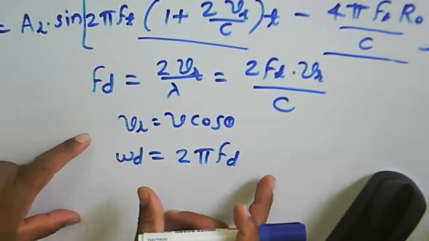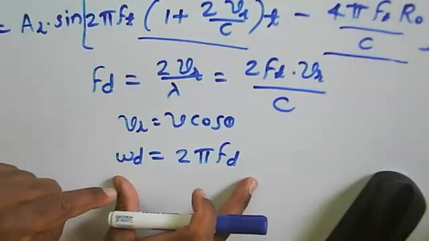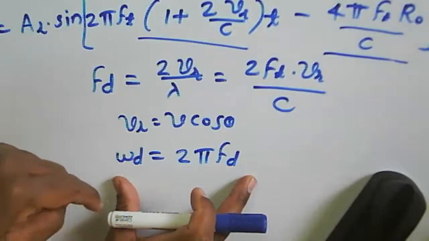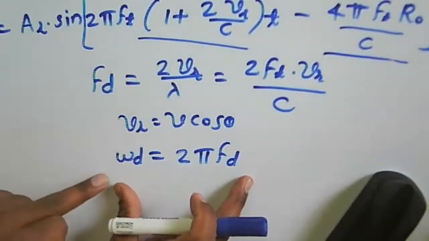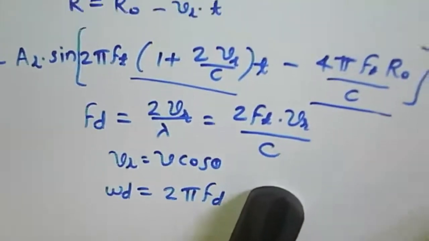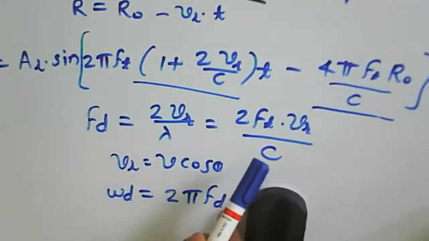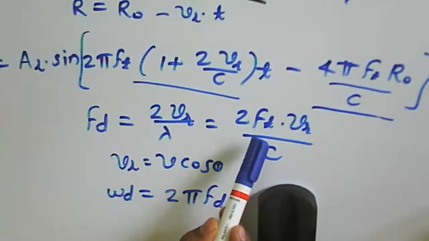So in that case, that change we can write in terms of an angular frequency. That angular frequency is omega d equal to twice by ft. So this one we are getting is about a received frequency signal across the output, and that received frequency signal is nothing but twice of ft.